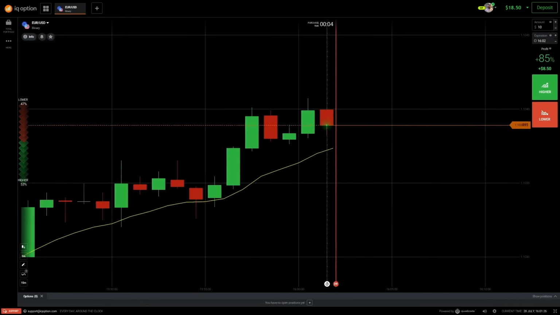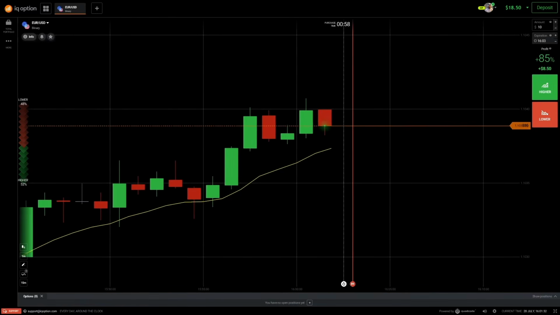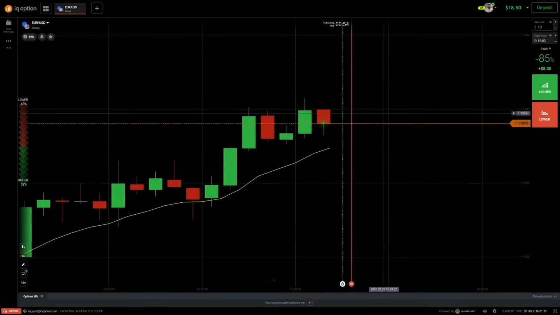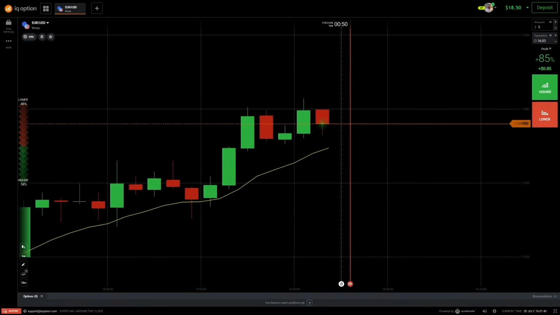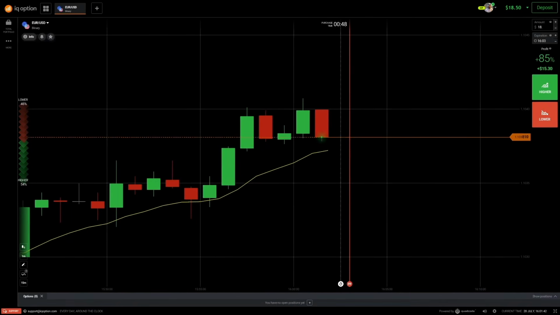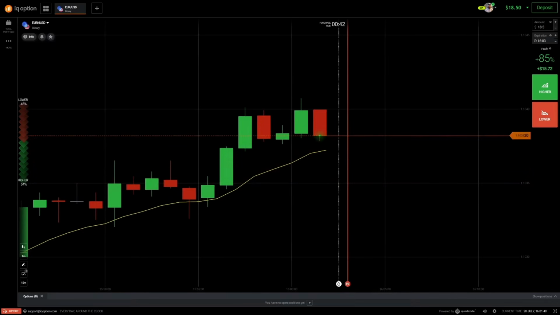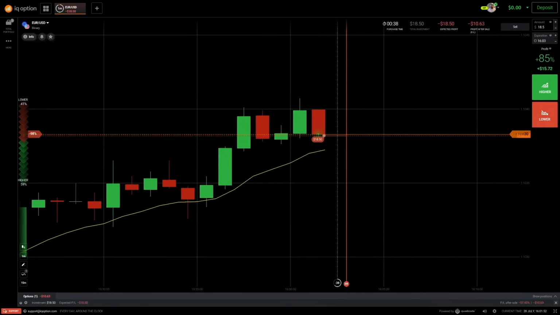The moving average will give you the overall trend, but yeah, the next candle. Let's take the next candle. So the next candle is 100% going down. So let's put 18.5. Yeah, let's click lower and wait for it. So I'm 100% sure this one is going down.